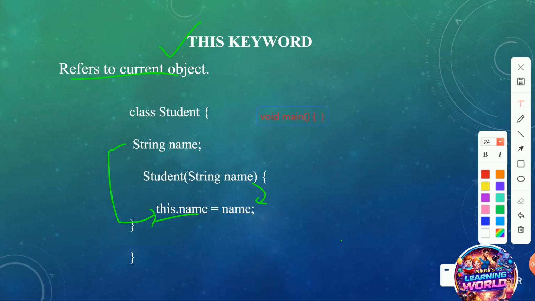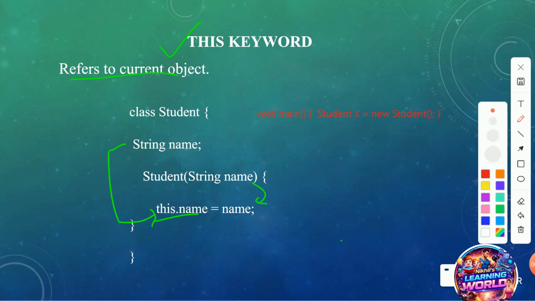If you want to initialize this name with that name, at that time we need to use this, which refers to the current object, and this is a keyword as well.